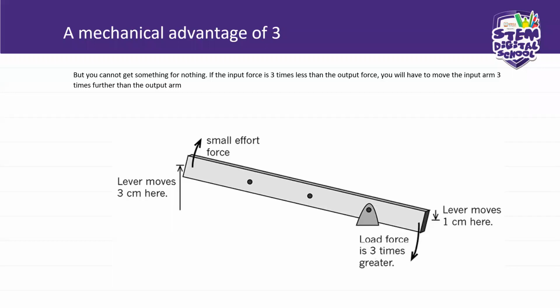But you cannot get something for nothing. If the input is 3 times less than the output force, you will have to move the input arm 3 times further than the output arm. Let's see. Where it says the lever moves 3 centimeters, that is where the effort is, the small effort force.